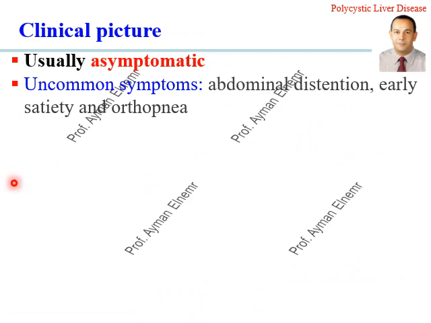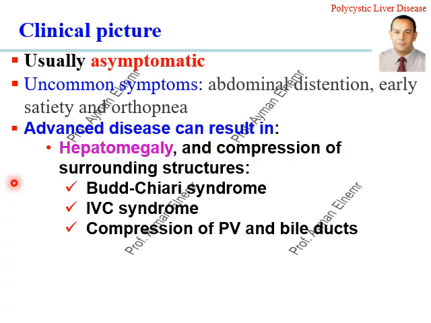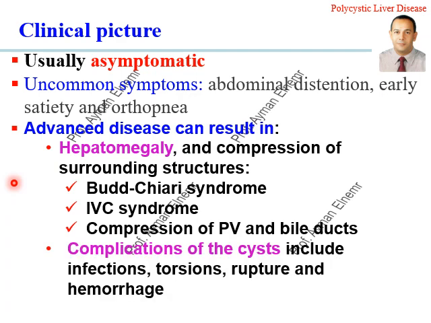Uncommon symptoms include abdominal distension, early satiety, and orthopnea. Advanced disease can result in hepatomegaly and compression of surrounding structures and may lead to Budd-Chiari syndrome, inferior vena cava syndrome, compression of portal vein and bile ducts.